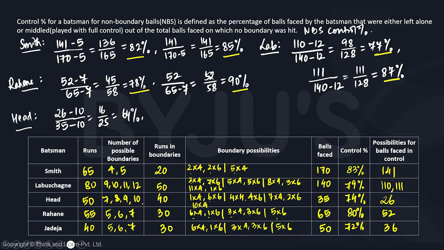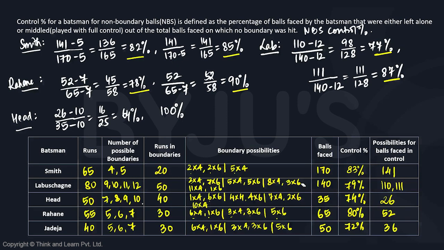So the highest possible is going to be 100%. Okay. So highest will be 100%. He will be definitely scoring at least a single boundary from those 26 balls, isn't it?